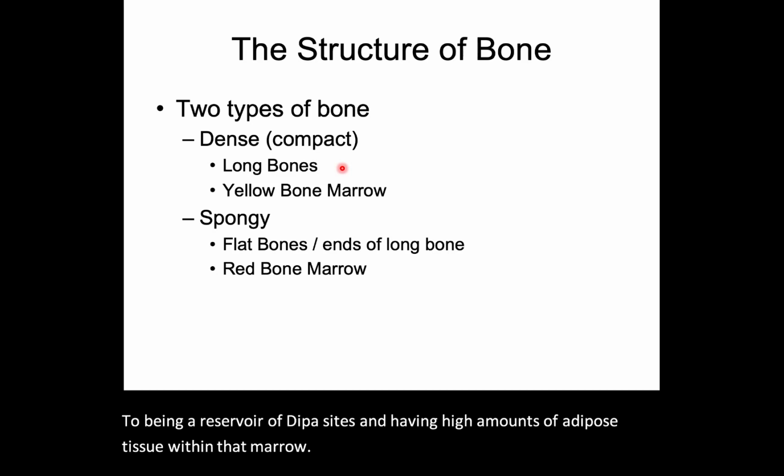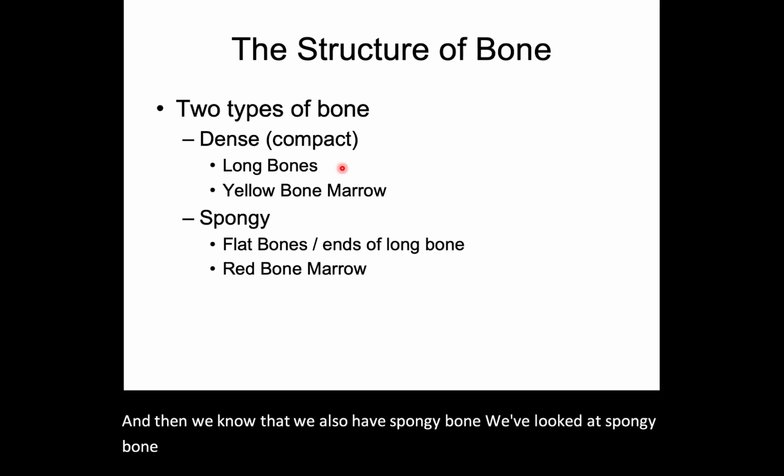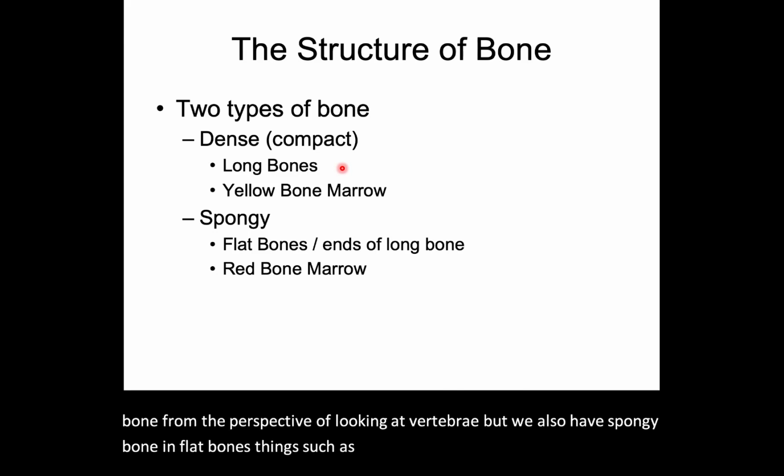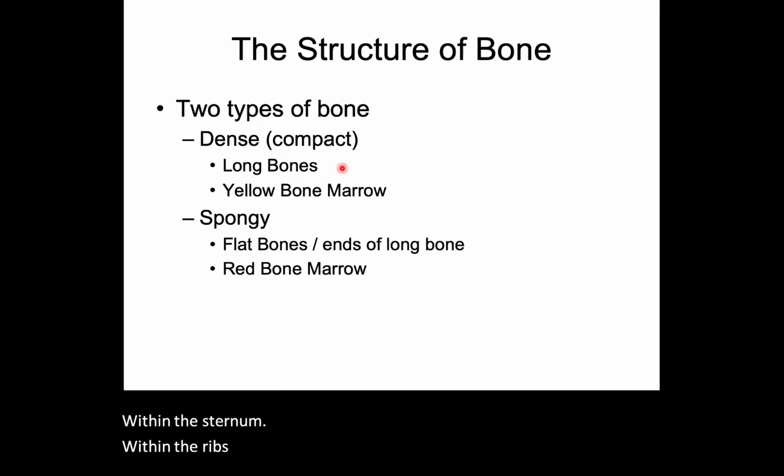And then we know that we also have spongy bone. We've looked at spongy bone from the perspective of looking at vertebrae, but we also have spongy bone in flat bones, things such as the scapula, things such as the cranial bones, the frontal bone, the parietal bone, the sphenoid bone, and the occipital bone, within the sternum, within the ribs, within the coxal bone, within the clavicle.